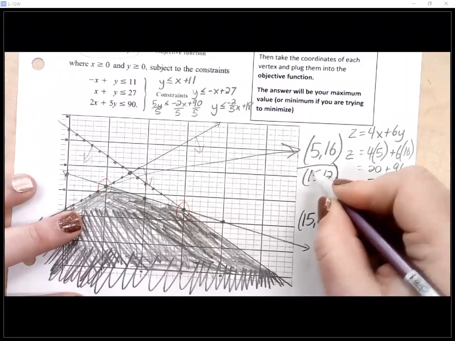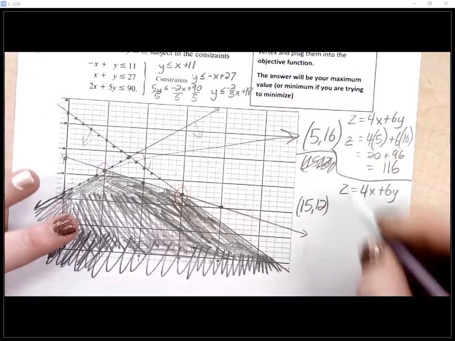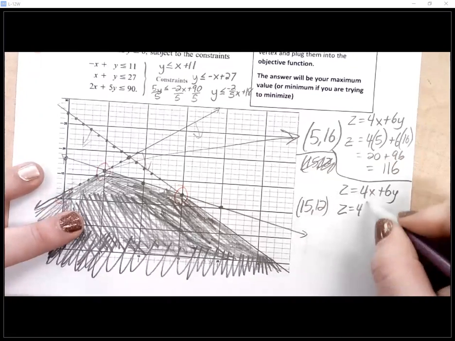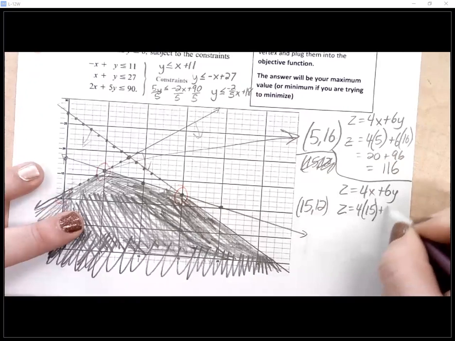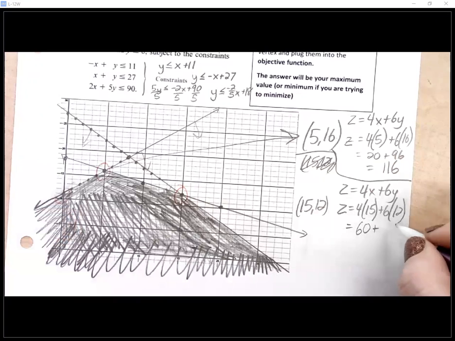Now I'm going to do my second vertex and see if this one gives me more. So 4 times 15 plus 6 times 12. Let's see what we get. 60. 6 times 12 is what, 72?